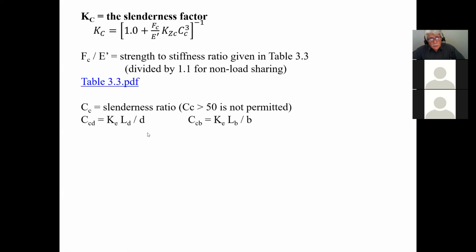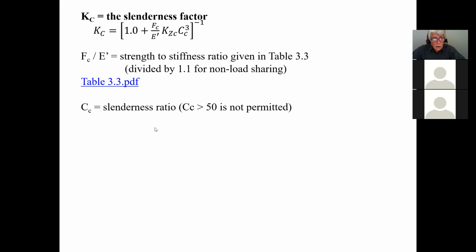The slenderness factor, we talked about this. Same as the studs, we have a limit on the slenderness ratio. In other words, the KL over B or the KL over D cannot exceed 50. That's the slenderness ratio, not the slenderness factor.